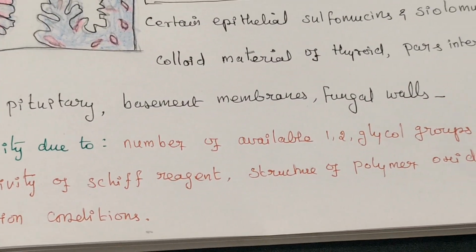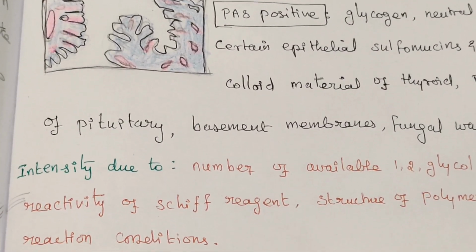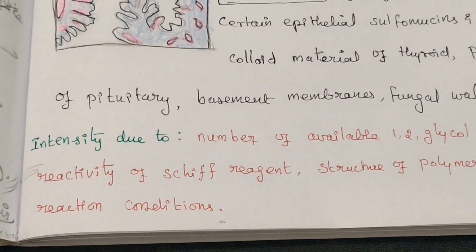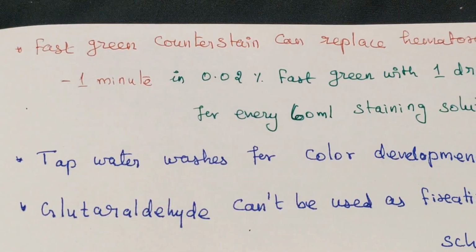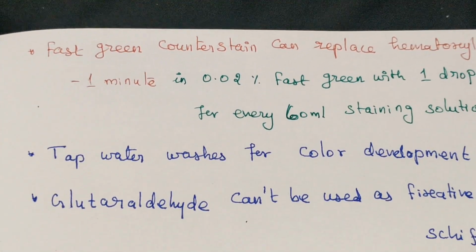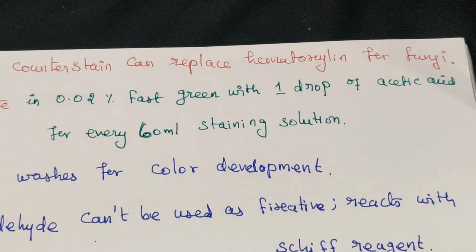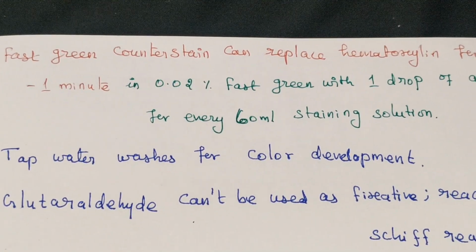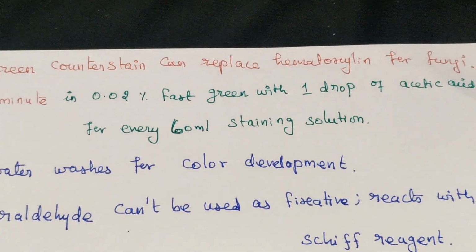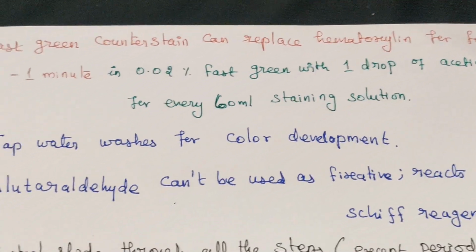So the intensity is due to the number of available 1,2 glycol groups, reactivity of Schiff reagent, structure of polymer oxidized, and reaction conditions. So the intensity occurs due to 4 different factors. Fast green counterstain can replace hematoxylin for fungi. 1 minute in 0.02 percentage fast green with 1 drop of acetic acid for every 60 ml staining solution.